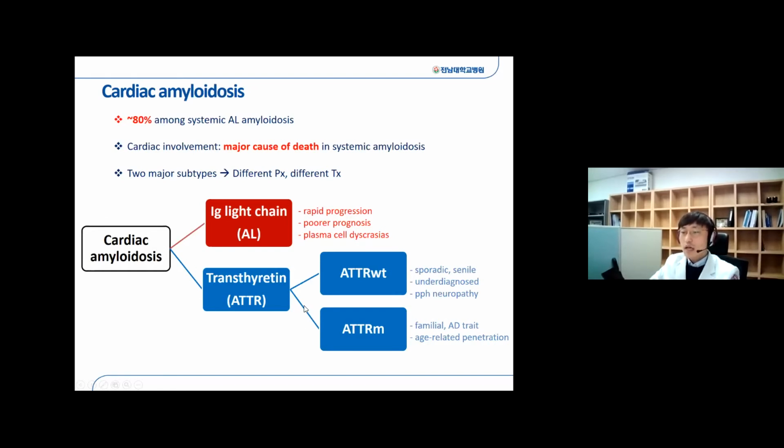And ATTR type is further classified into wild type and mutated type according to the presence of gene mutation. And so when we diagnose ATTR type cardiac amyloidosis, gene study and further familial screening may be needed in patients with ATTR mutated type.